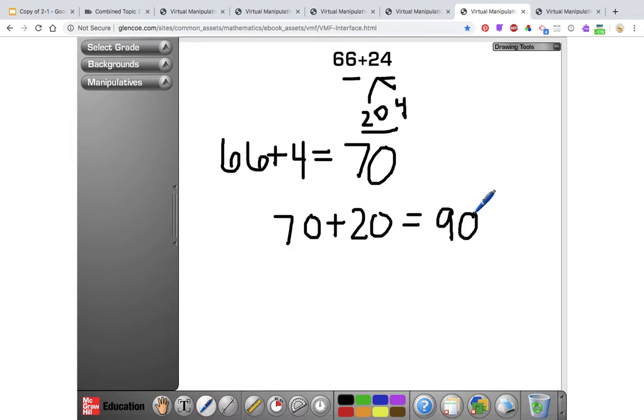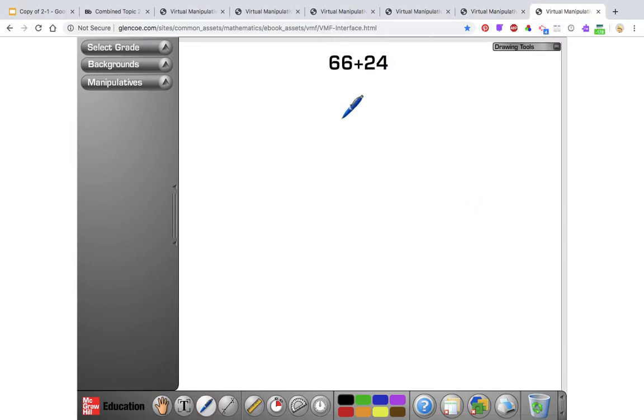If you chose to do one of the other strategies, let's take a look at the other strategies. I could break apart both of them into tens and ones.